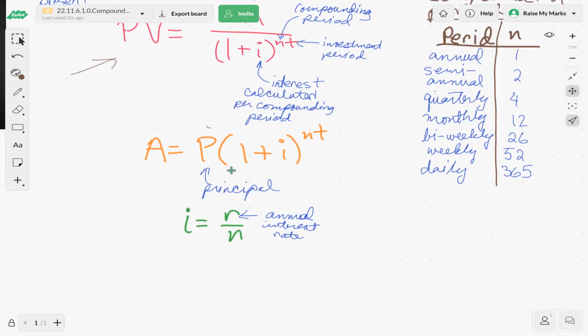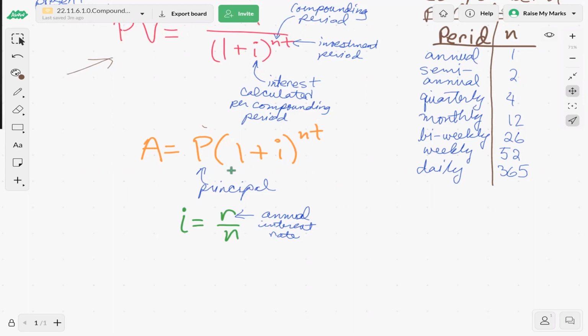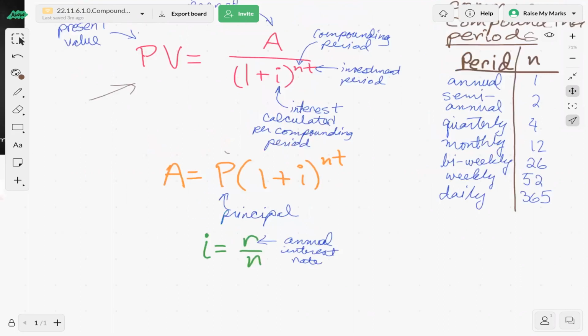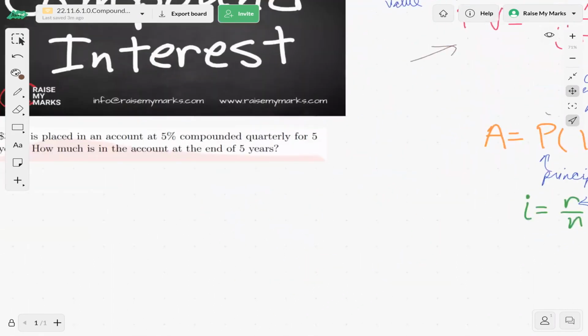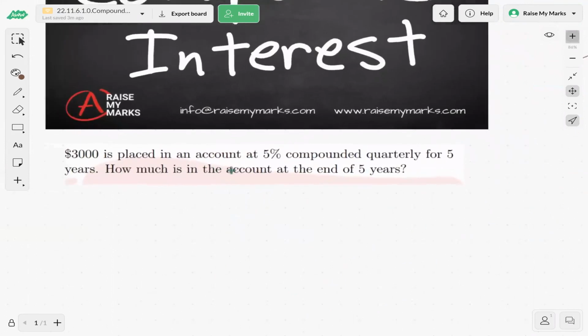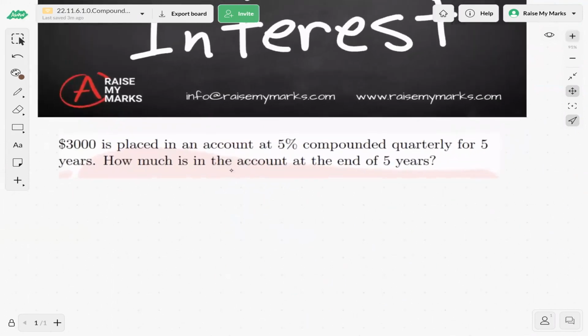Finally, I is our annual rate over the number of compounding periods. So if our interest rate is 5% annually but our compounding period is monthly, then I is 0.05 divided by 12. There's quite a bit of information there. Armed with all of that, let's look at our first problem.